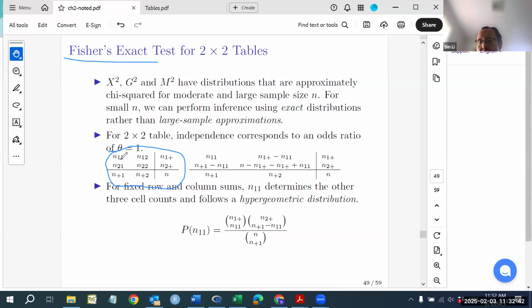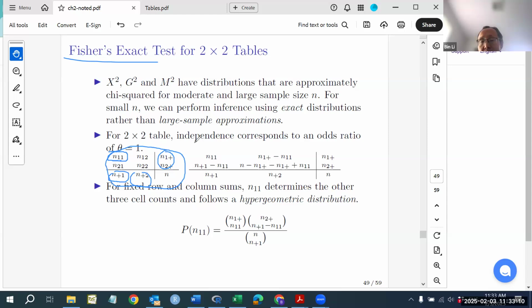Okay, is that clear? So if, let's say, n, the row sums and the column sums, these 4 numbers are fixed, then if we determine the n11, the rest of the 3 cells are determined.